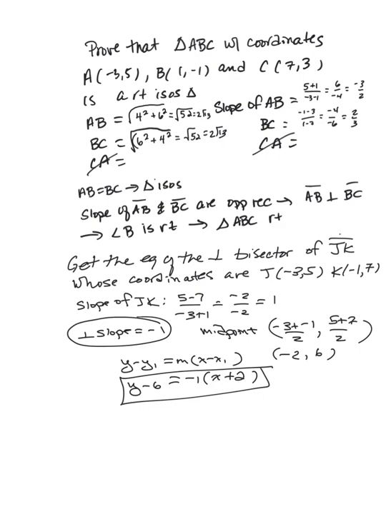The topic right before this topic, we had partitioning a directed line segment. So find K on MN such that MK to KN is in a ratio, let's say, 2 to 1.